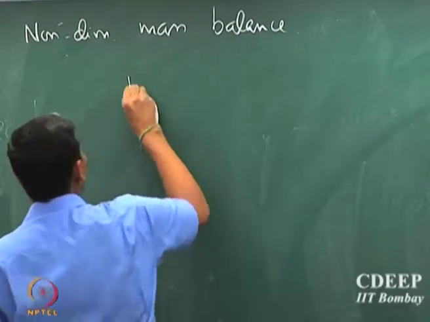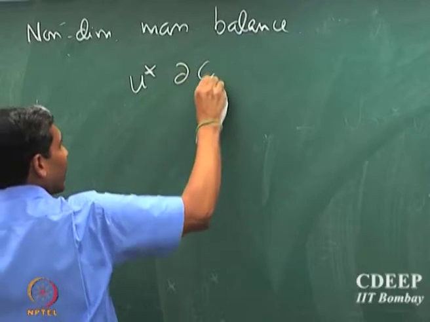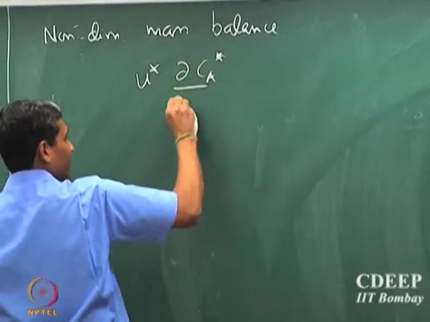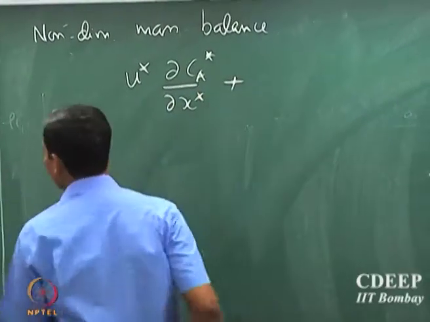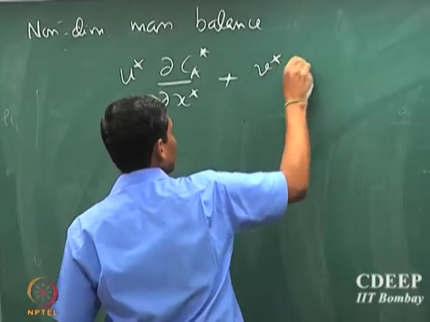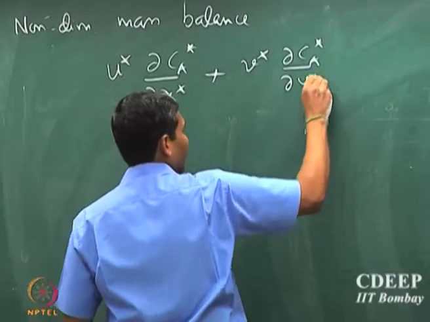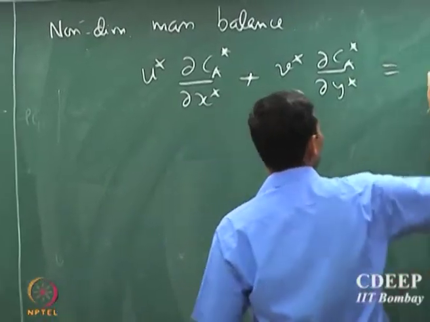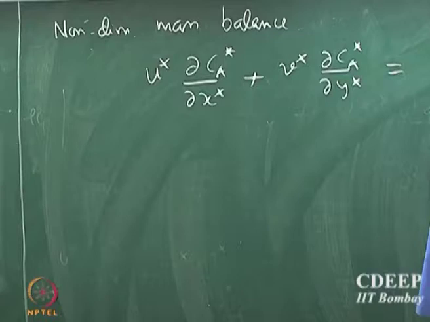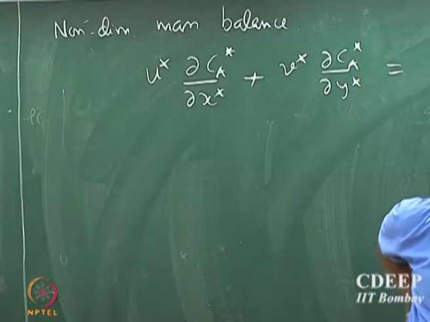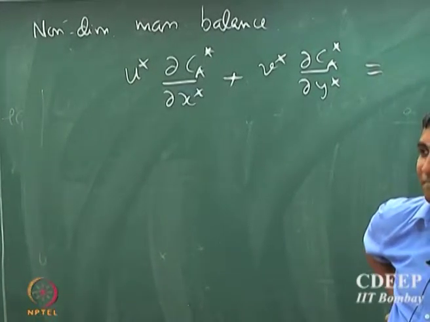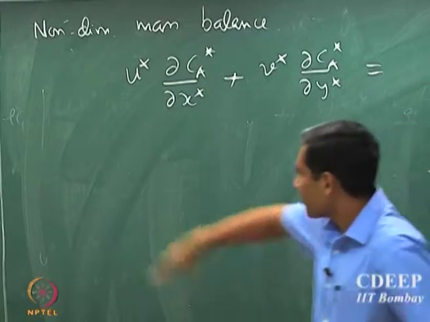will be U star dCA star by dx star plus V star dCA star by dy star, that should be equal to, so let us start from the first one.